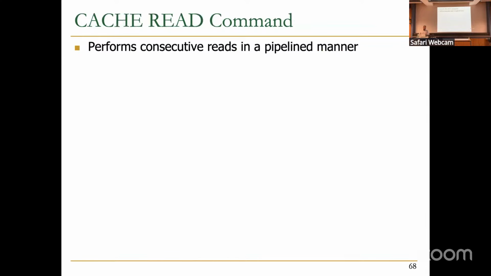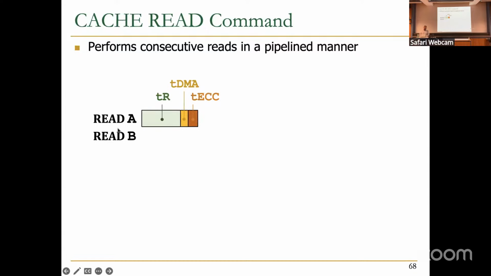Another interesting optimization is the cache read command. Normally we have these operations when we want to read a page A: TR, TDMA, and TECC. Then when we want to send another read command for another page B, we can start sending it as of here.